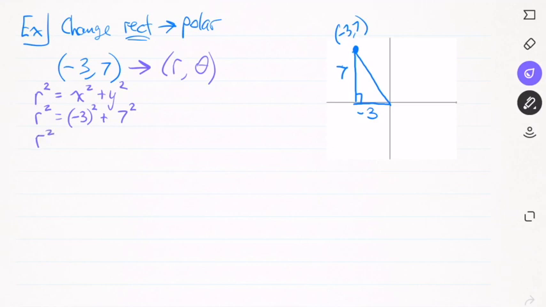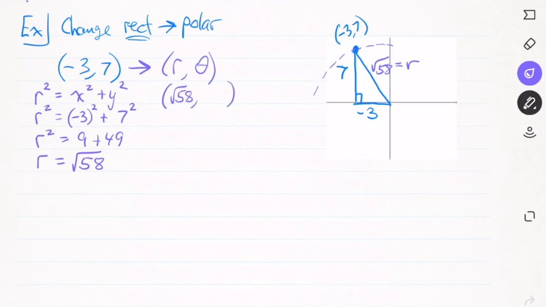So we're going to get r squared is equal to 9 plus 49, which is 58. So that would be the square root of 58. All right. So the hypotenuse of this triangle is the square root of 58, but that's also the radius of my circle that is passing through this point. So we know what r is. That's the square root of 58.